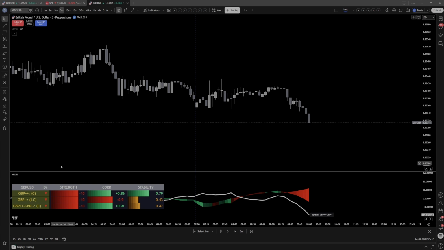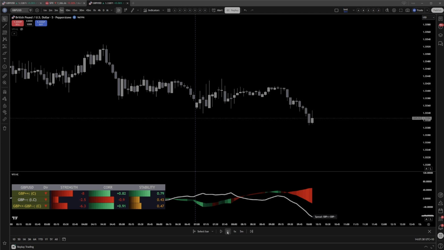And it accelerates. Again, strength, correlation, and stability are still acceptable, with -10s across the board, high correlation, an expanding or diverging snake, and the synthetic spread still coming down. All right, slight retracement here.